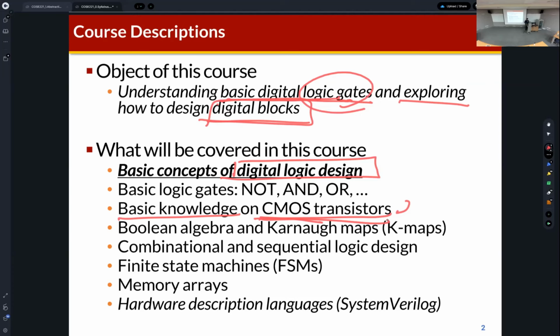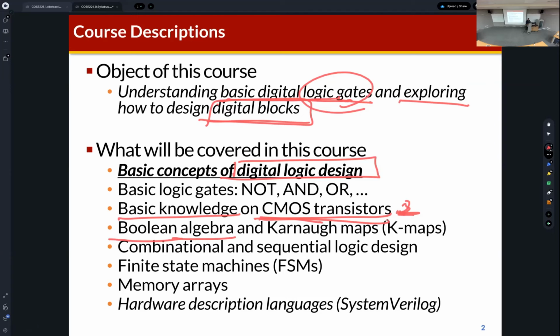But the semiconductor industry and computer chips are implemented using CMOS transistors, so it's critical to understand some basic properties of CMOS transistors. And then in this course we will learn about Boolean algebra. What is a Boolean?